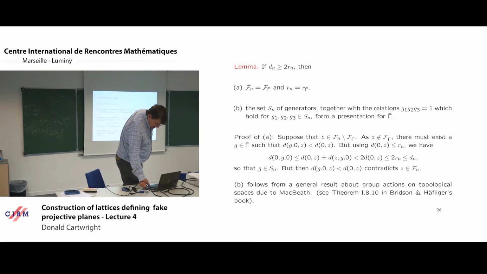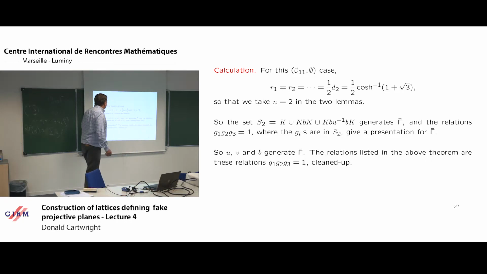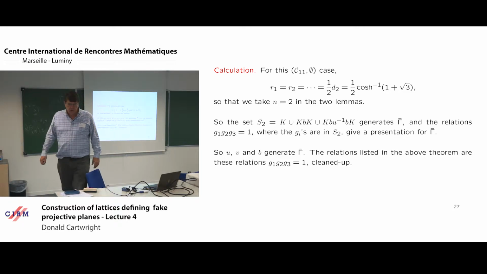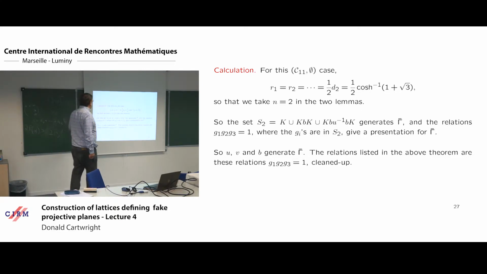In this particular case, you can actually calculate. So there are one or two cases when we can calculate these radii precisely. In all the other cases, Tim has a wonderful program which calculates them to a large number of decimal places, which is more than enough.